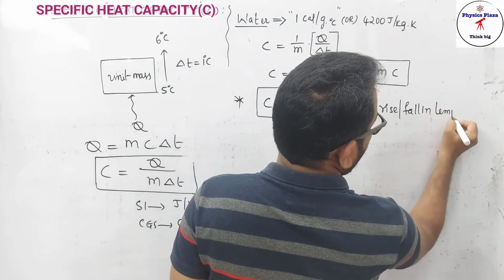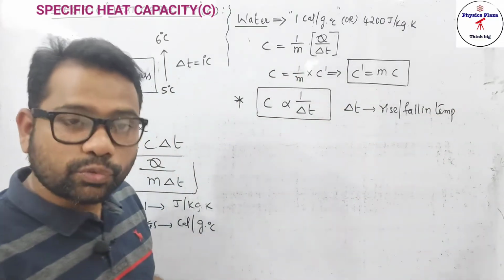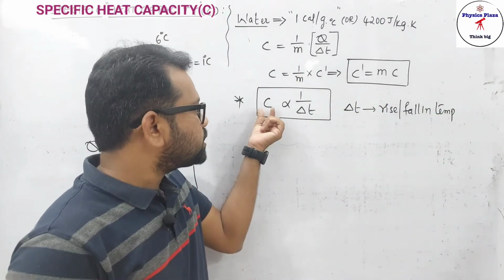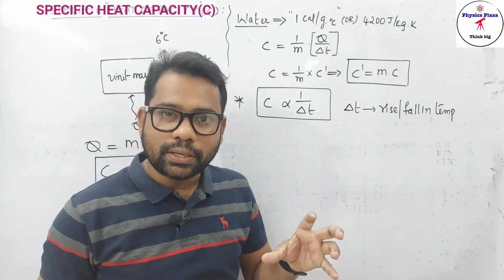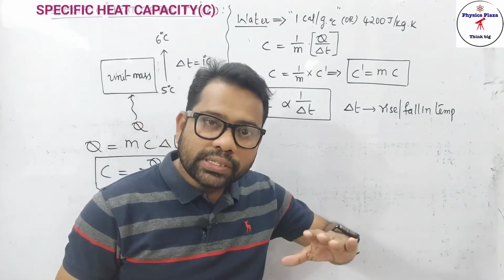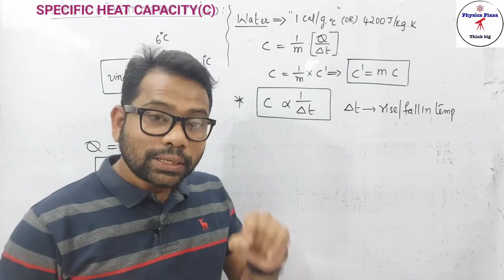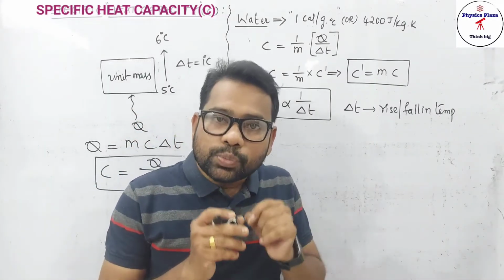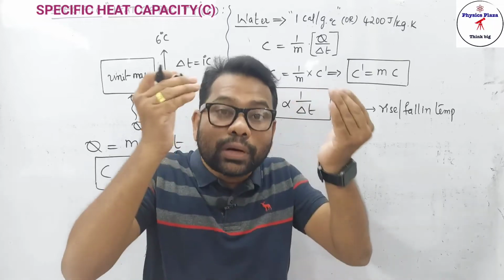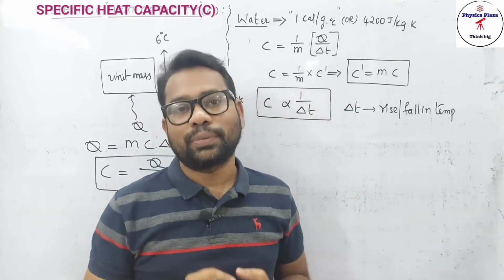Which means the substance with high specific capacity will show a low rise or low fall in temperature, whereas the material with low specific capacity will show more rise or more fall in temperature.